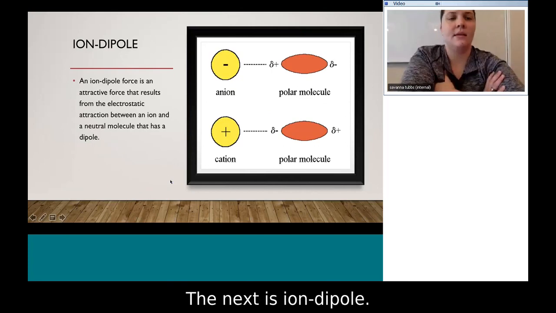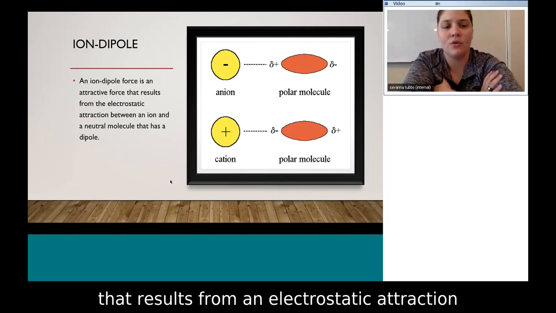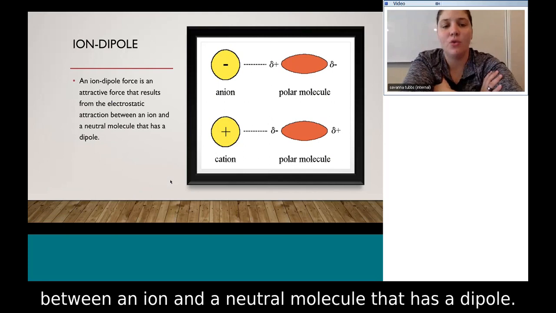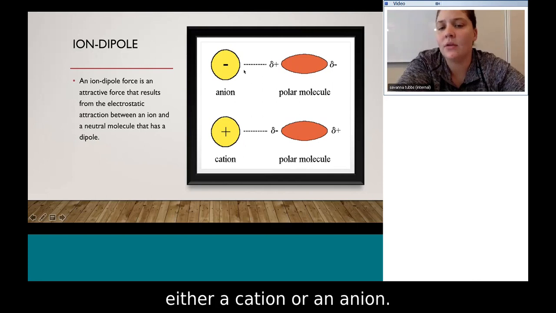The next is ion dipole. An ion dipole force is an attractive force that results from an electrostatic attraction between an ion and a neutral molecule that has a dipole. Going back to Gen Chem 1, your ions are going to be either a cation or an anion.